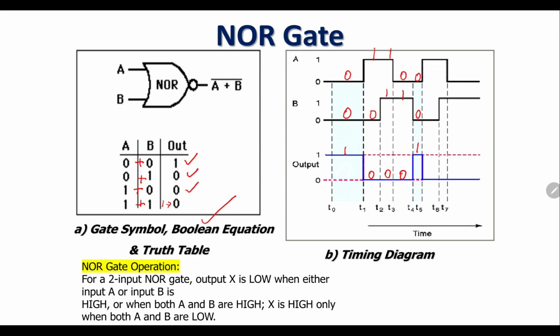Invert, becomes 1. 1 plus 0 is 1. Invert, becomes 0. 1 plus 1 is 1. Invert, becomes 0. 0 plus 1 is 1. Invert, becomes 0. So this is the way that you read the NOR gate timing diagram.